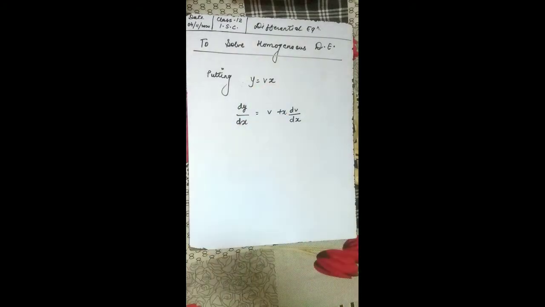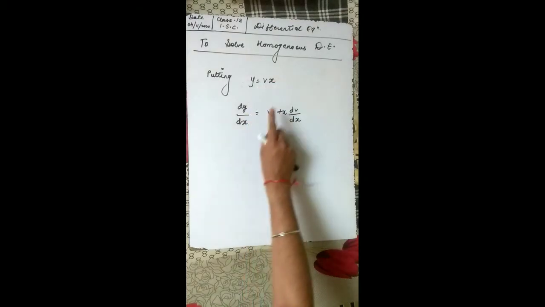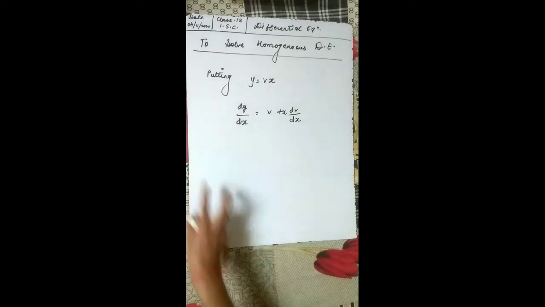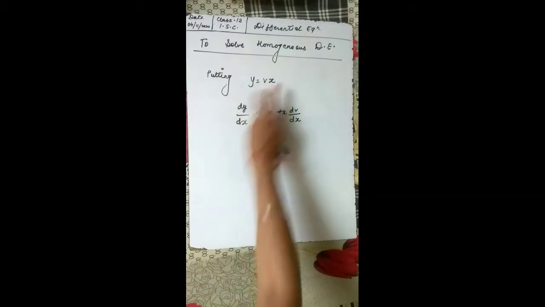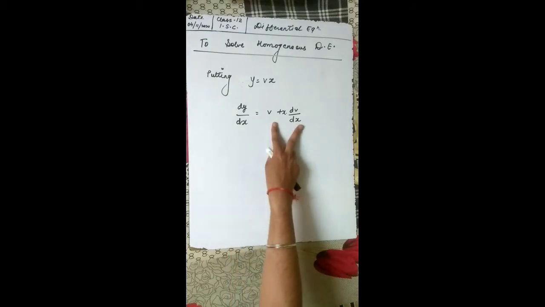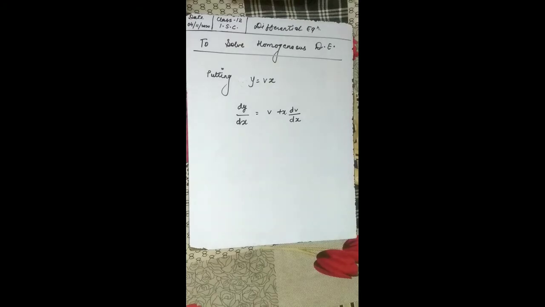So we get dy/dx is equal to, using the product rule, v plus x dv/dx. In the function we put y equal to vx, and in place of dy/dx we substitute this expression, then we reduce it and use the variables separable method, as we have seen in the previous lectures.